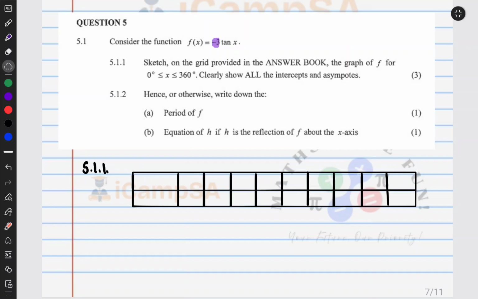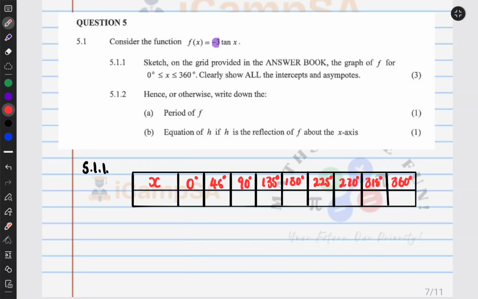You can actually sketch this function, but let's not do that. Let's follow the protocol. The x values, we decided to go with 0 degrees, 45 degrees, 90 degrees, 135 degrees, 180 degrees, 225 degrees, and then 270 degrees, 315 degrees, and 360 degrees.